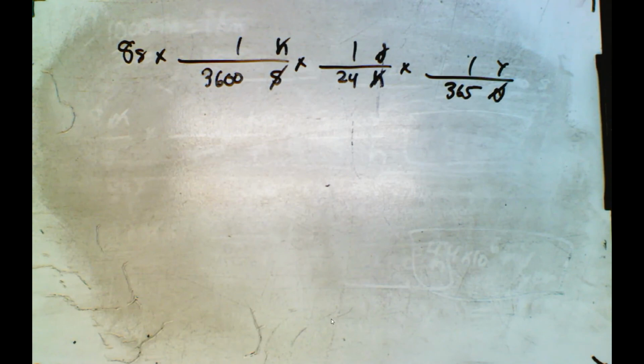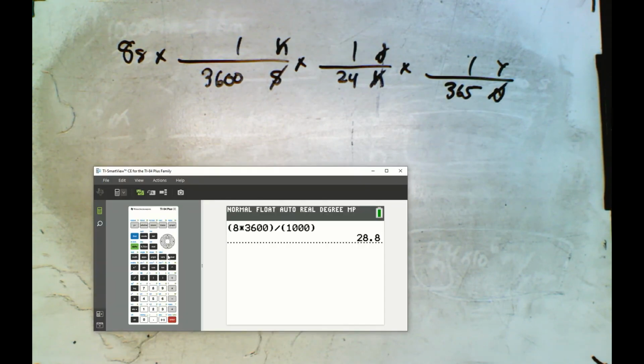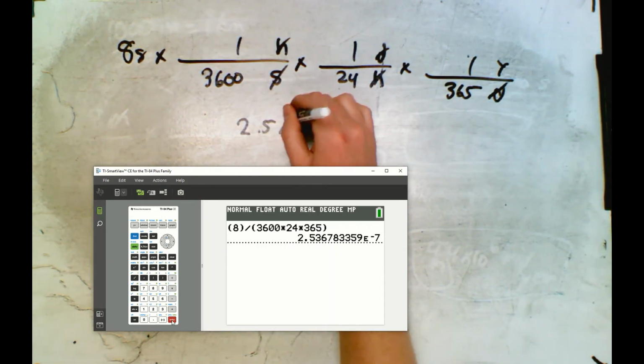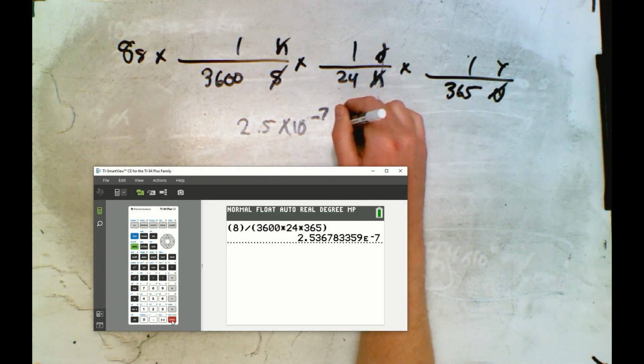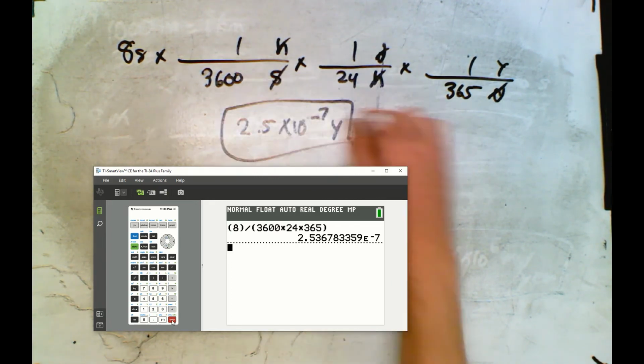So typing this in, all I have on top is 8 seconds, and then on the bottom, I have 3,600 times 24 times 365. And that'll give me, to 2 Sig Digs, 2.5 times 10 to the negative 7 years. There we go.